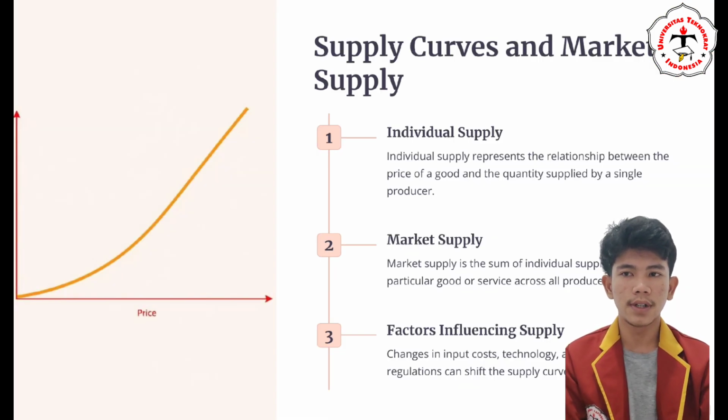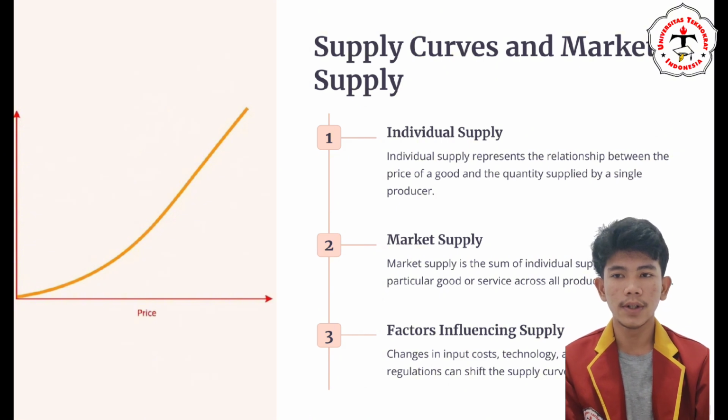Supply curves and market supply. 1. Individual supply. Individual supply represents the relationship between the price of a good and the quantity supplied by a single producer. 2. Market supply.